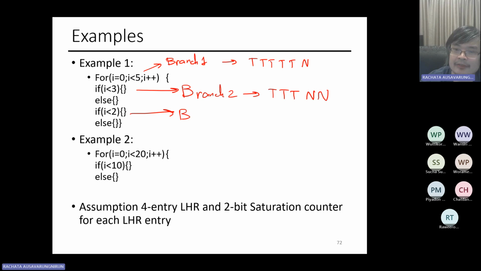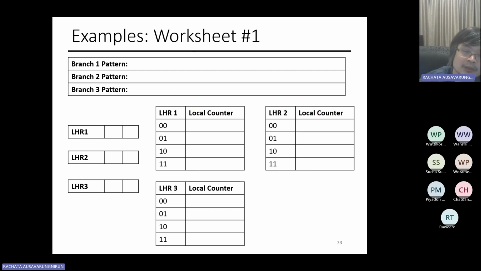This last if-else is branch 3, which is going to be taken, not taken. So now if you want to work through this, the branch 1 pattern is going to be taken, not taken, not taken. And let's assume, for the sake of simplicity, that everything is initialized to all ones.